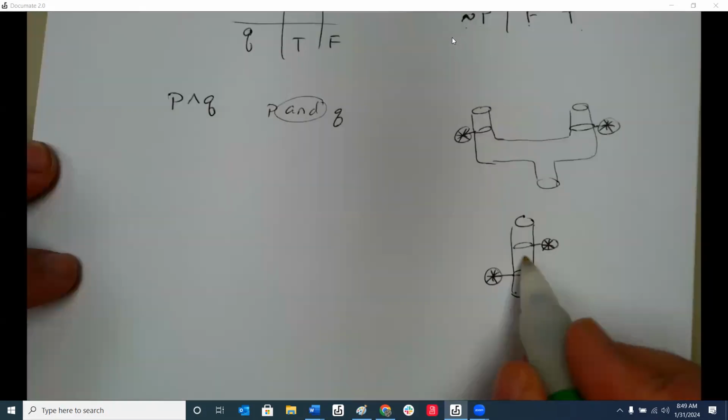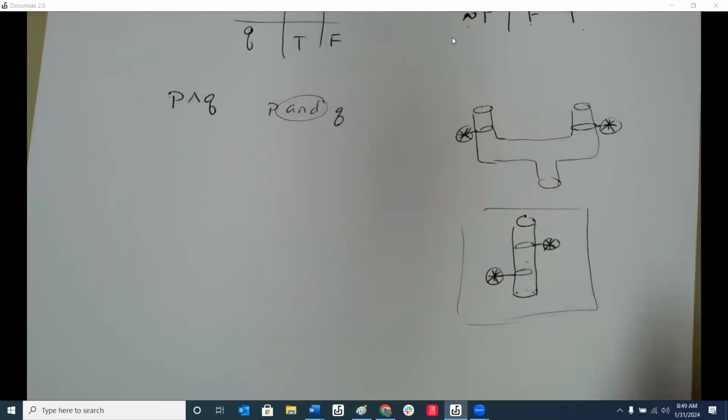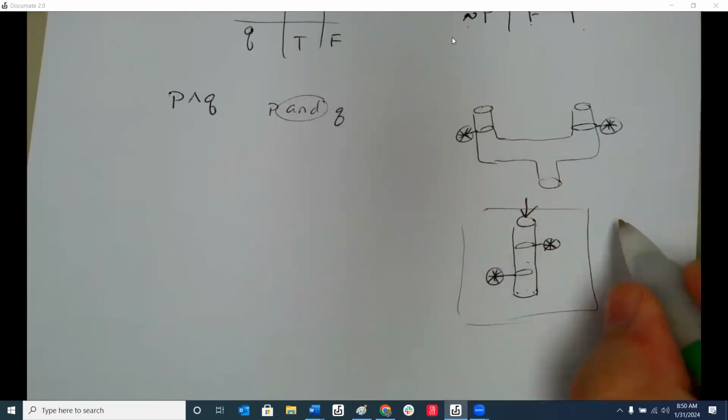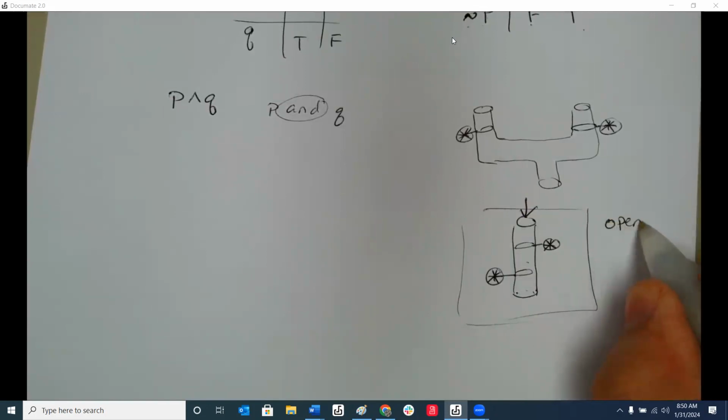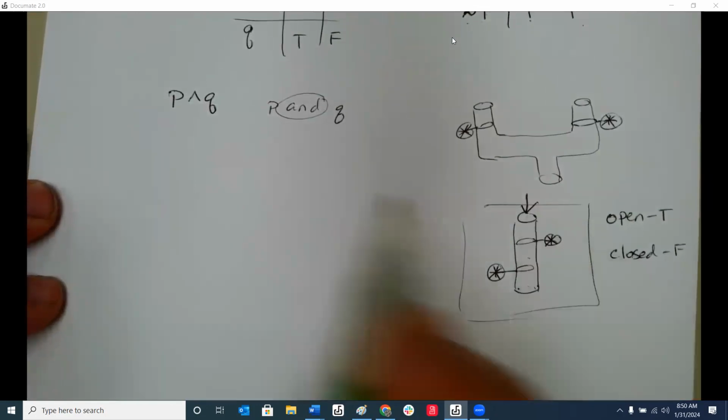The and statement is this one. If I pour water here, if it's open, it's true. If it's closed, it's false.